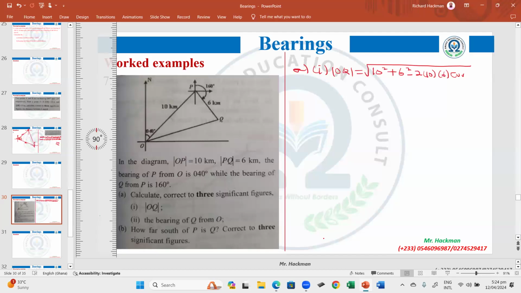Here, if this is 160, we know that this is 70. Do you agree? Yes. The angle here is 70. So if this is 70, this will be 20. Do you agree? We need to find this, then we know that this and this are parallel, so with a transversal, the angle here will be equal to the angle here.